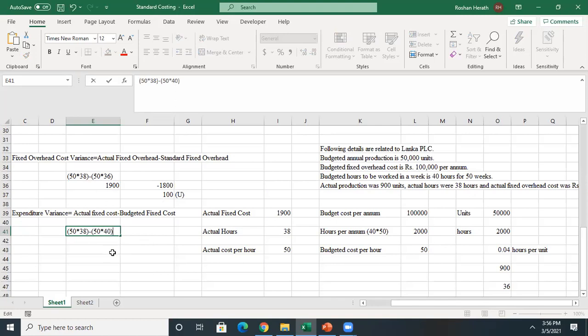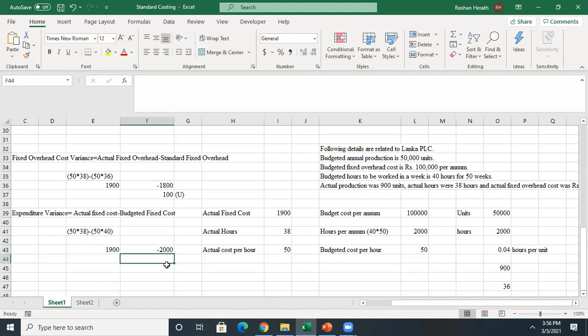This is what you have planned. You planned for 40 hours, but actually worked 38. So 50 into 38 is 1900, 50 into 40 is 2000, and you can see that there's a difference of 100. What do you think? Is it favorable or unfavorable?